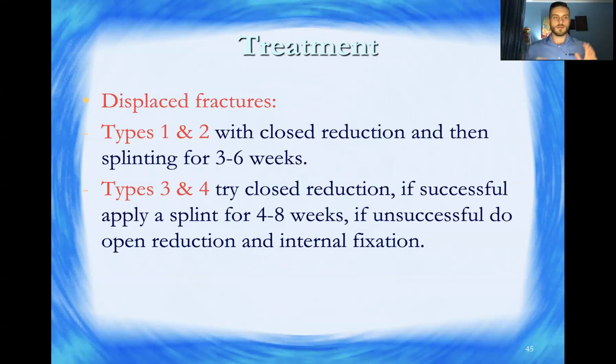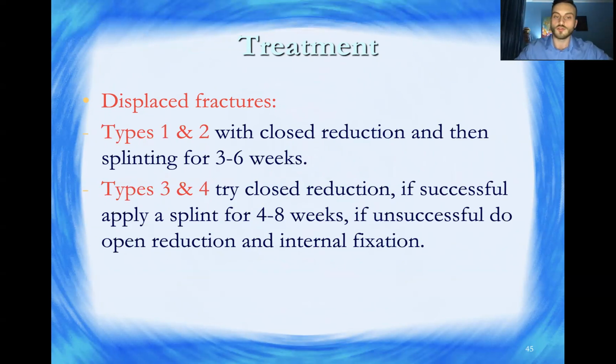If you have a displaced fracture, you should do reduction. We have 2 types of reduction techniques: either open or closed. Open means using your knife, making an incision, surgery. Closed is in the emergency room or the operation room, but without opening the skin. So it's closed, just traction, valgus, varus force, whatever.